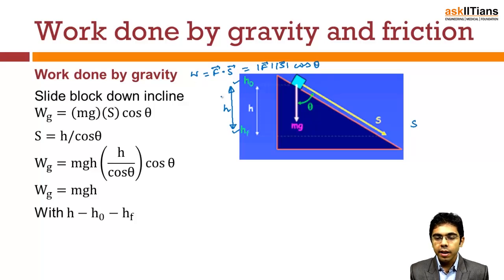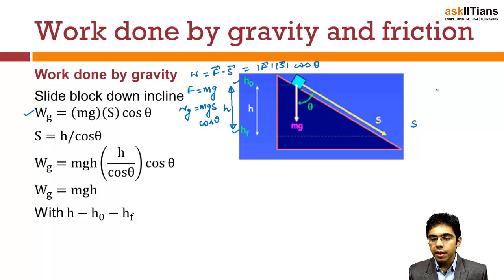Since we have to find the work done by gravity, F is equal to mg. Let's substitute: work done by gravity is equal to mg s cos theta.